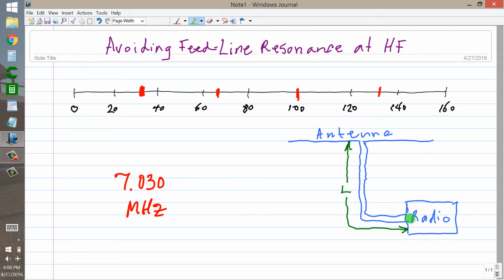You want your feed line to transmit your signal from your radio to your antenna. You don't want your feed line to radiate, and you don't want it to pick up anything from the outside. You want to avoid this because these currents can again produce RF in the shack. And I hate that, especially at high power.